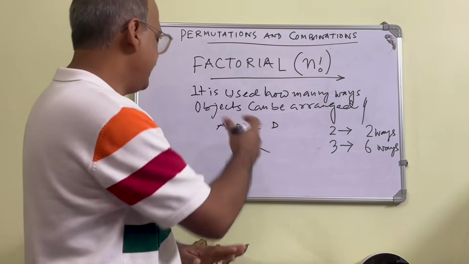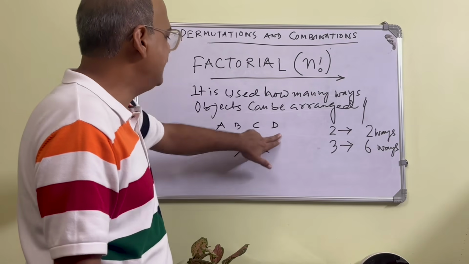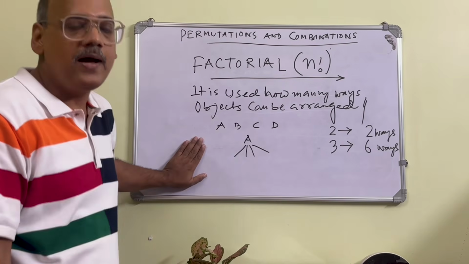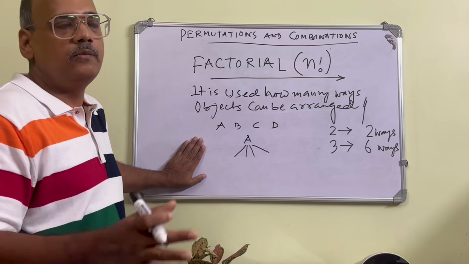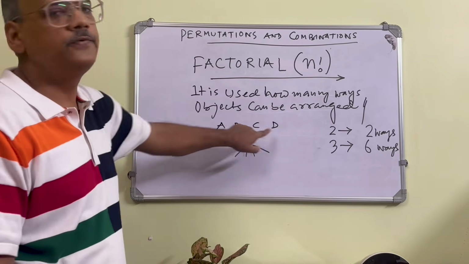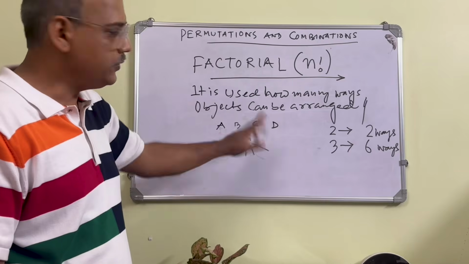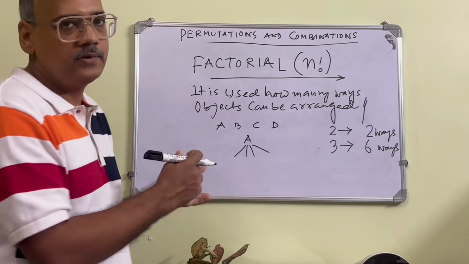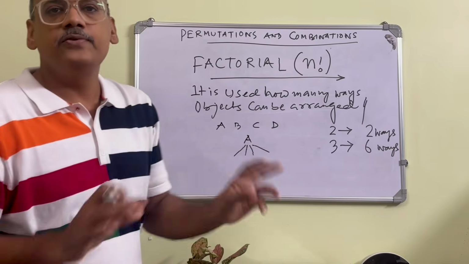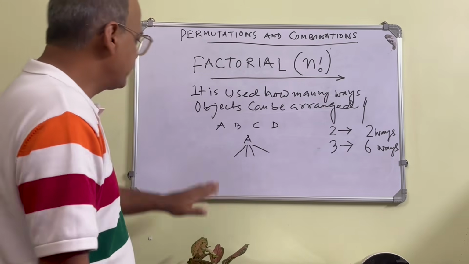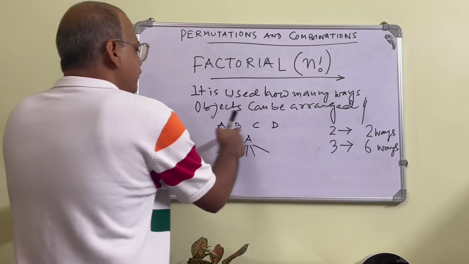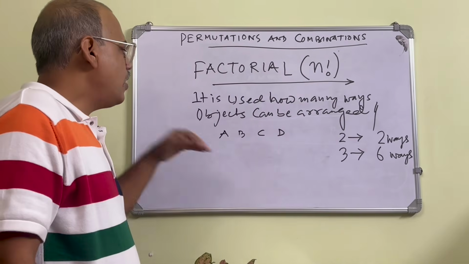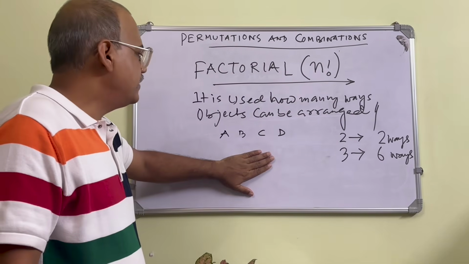Let me put it this way. You have 4 different letters, A, B, C and D, and you have been asked how many different words you can form from these 4 letters. Which is nothing but, the other way around, you have 4 books, how many different ways can you arrange them on the shelf?